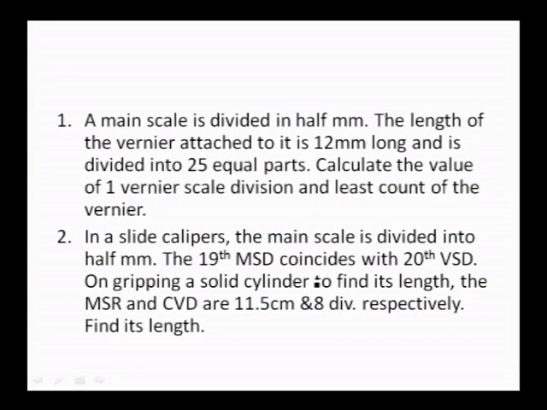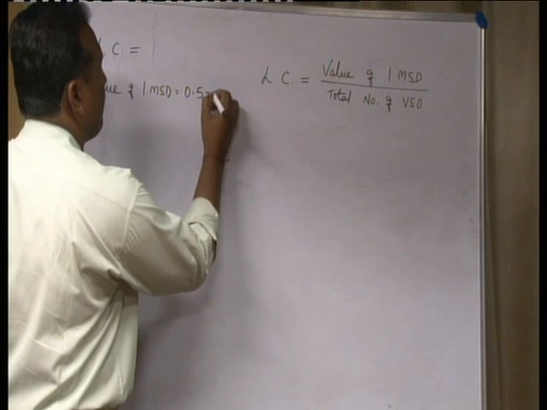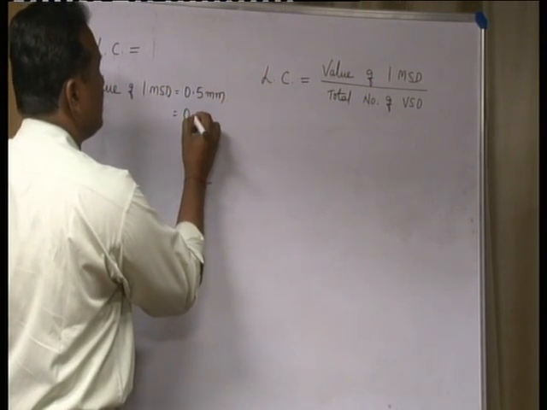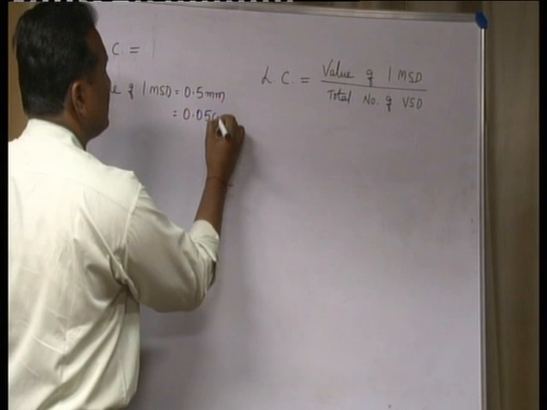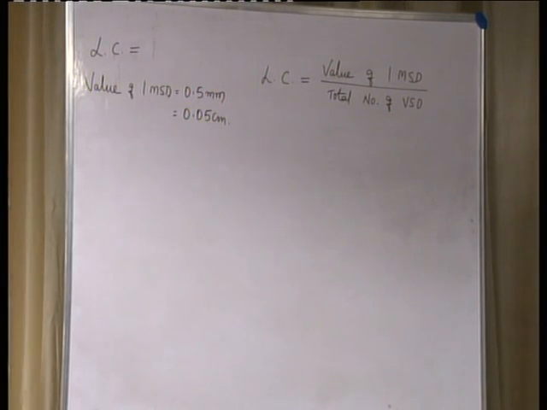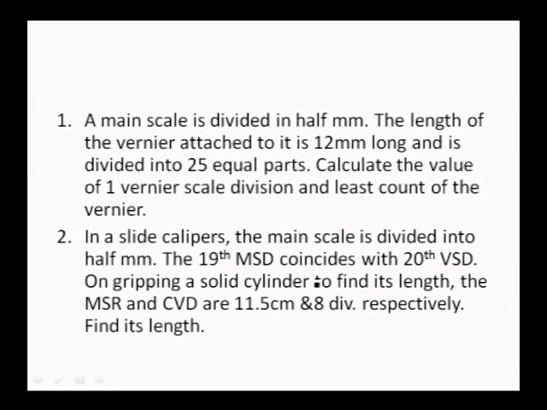The problem says the main scale is divided in half mm, meaning the value of one division on the main scale is half mm, that is 0.5 mm, which is 0.05 centimeter. Then the length of the vernier attached to it is 12 mm long and is divided into 25 equal parts. So, concentrate here.